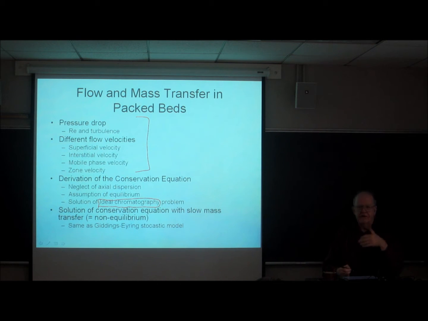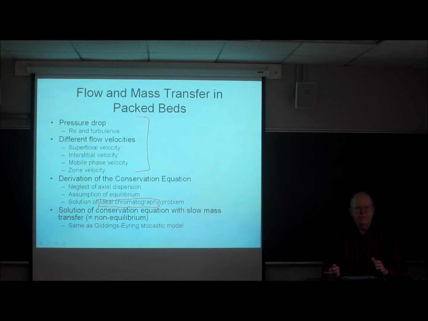It turns out that even though we're taking a very mathematical approach here, the solution to this problem turns out to be identical to the Giddings-Eyring solution. And so I'm not even going to write that nasty equation with the modified first-order Bessel function in it again.